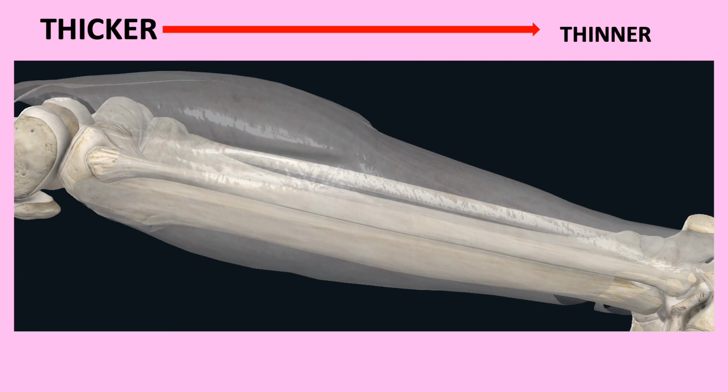But at the distal part of the leg, especially at the ankle, you have an extensor retinaculum, just like you have it on your wrist. The extensor retinaculum is just a thickened part of the fascia forming a band of tissue.